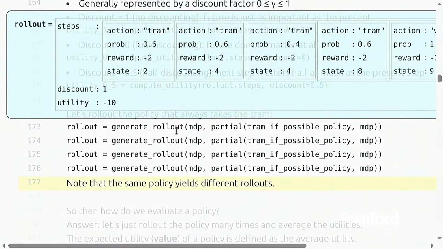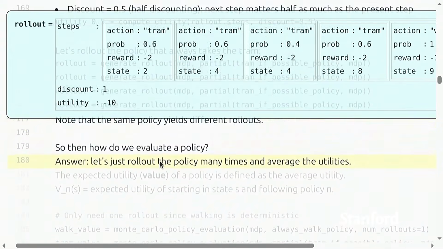Now, going back to the question, how do you evaluate a policy? The answer can't be just a random number. I can't just say minus 10 here. So what should I do? Yeah, you can look at the expected value. In this case, it's very intuitive.